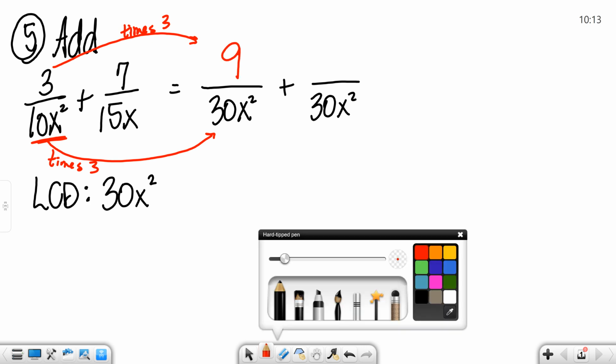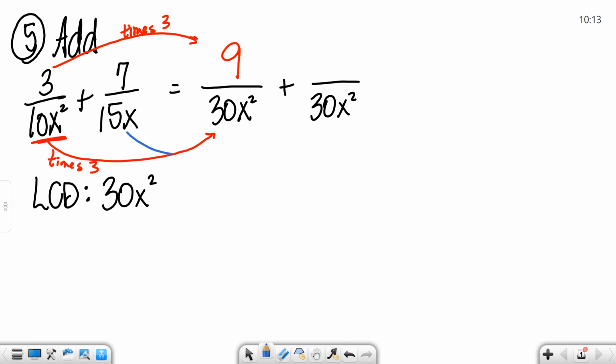Now we do the other fraction all on its own. I go, okay, what did I multiply 15x by to give me 30x squared? Well, I had to multiply it times 2x, because 15 times 2 will give me 30, x times x will give me x squared. Whatever I do to the bottom, I must do to its top.